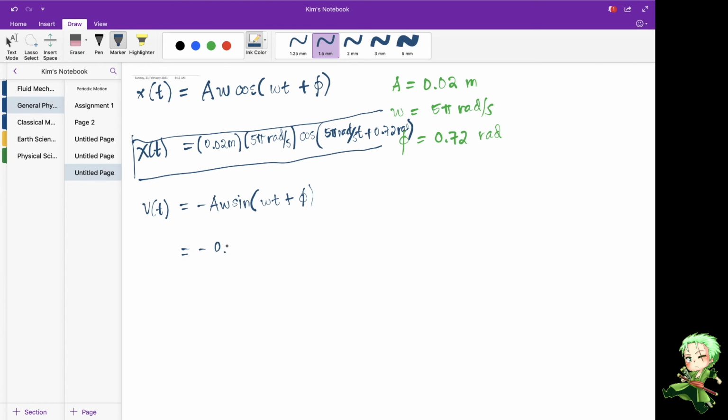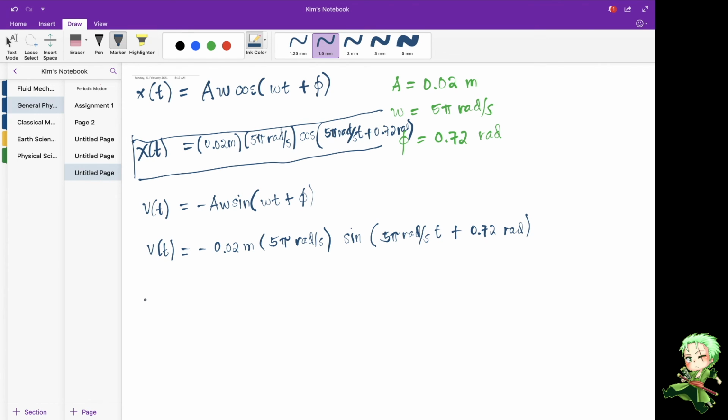You plug in the values. 0.02 meters times omega, 5 pi rad per second, and then the sine of 5 pi rad per second times time plus 0.72 radians. So this is your velocity as a function of time.